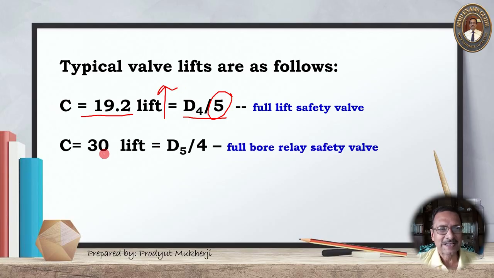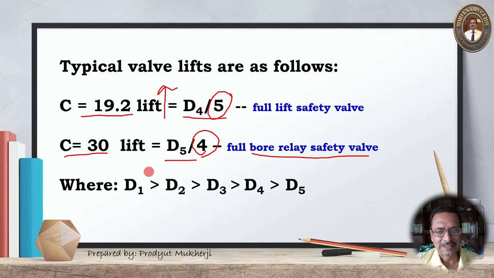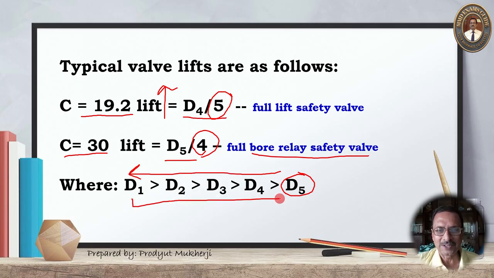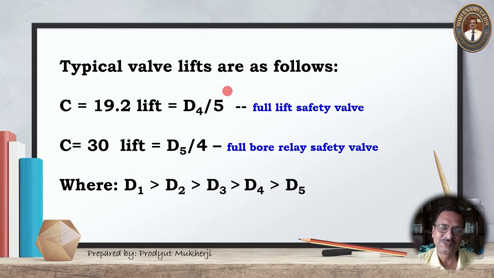And lastly, we know C is 30 for a full bore relay operated safety valve, and the lift would be D5 by denominator 4, wherein of course D5 is the least diameter. The diameter gradually decreases from D1 to D5. And as the diameter decreases, we saw that by reducing the denominator, the lift of the safety valve is increased.